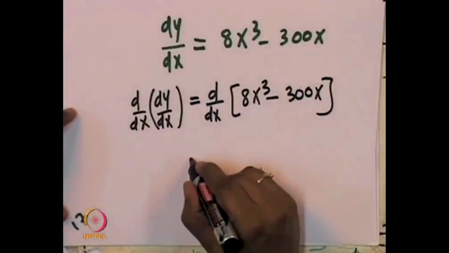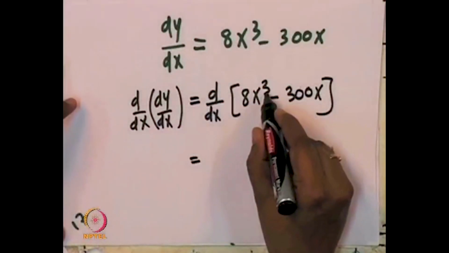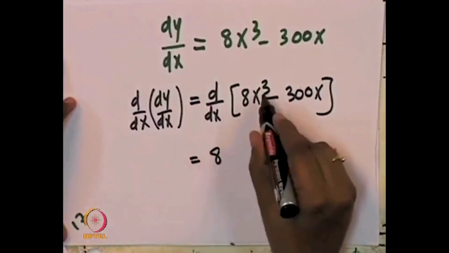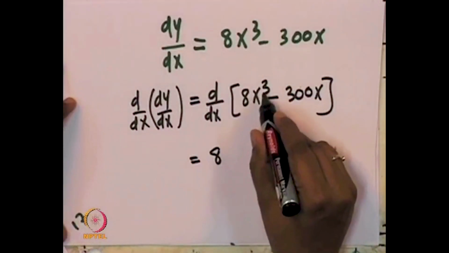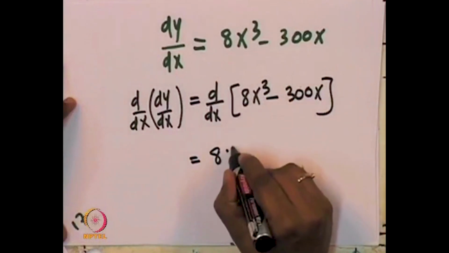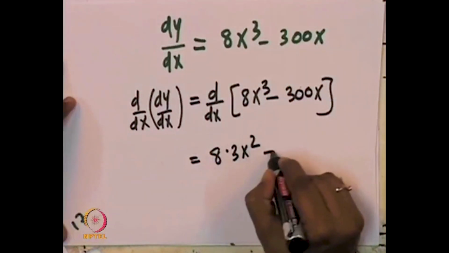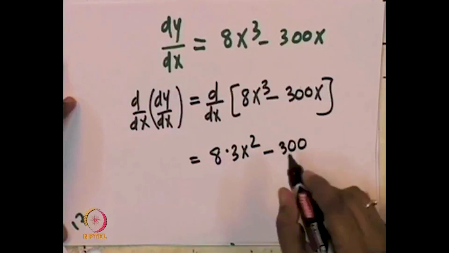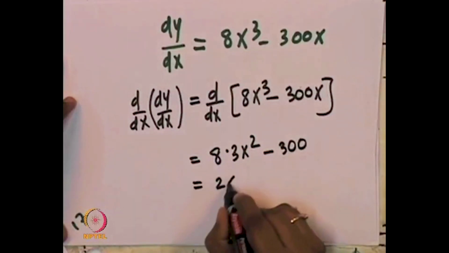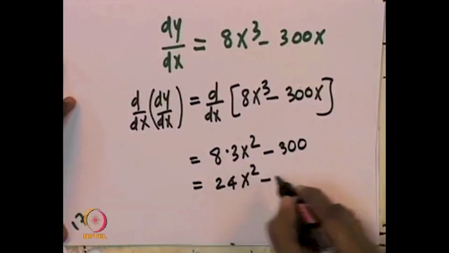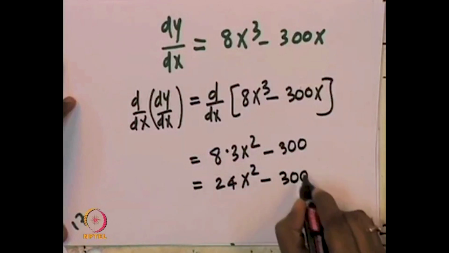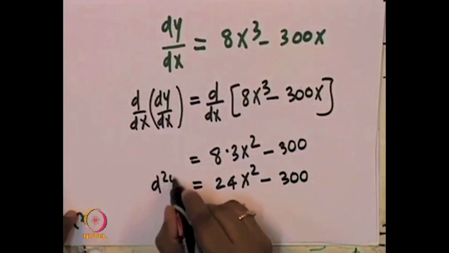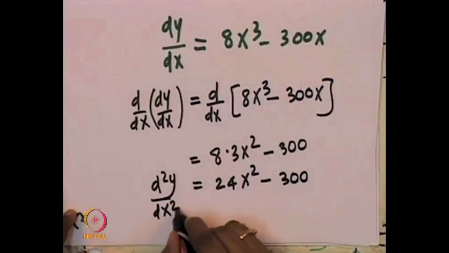Now, you can do this yourself, but let me quickly do this. 8 is a constant and the derivative of x cube is 3x square. So 8 into 3x square minus 300, which is a constant, and the derivative of x is 1. So this is basically 24x square minus 300. This is the second derivative, d square y by dx square.